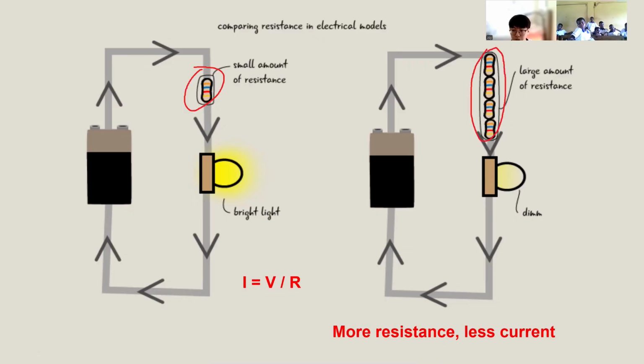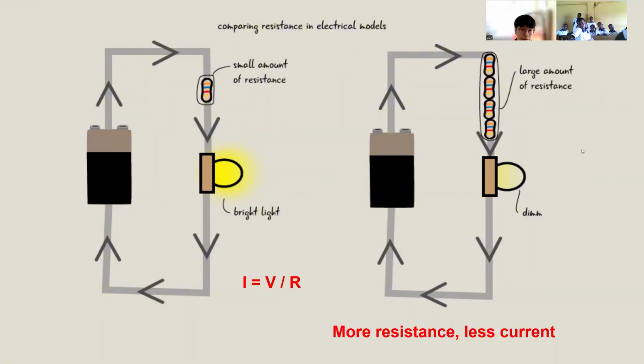There's a large amount of resistance to the current, so there will be less current. This light bulb is a way to represent the current. If there's more current, the light bulb will glow brighter. I just wanted to let you know that if there is more voltage, then there is more current. If there is more resistance, there will be less current.